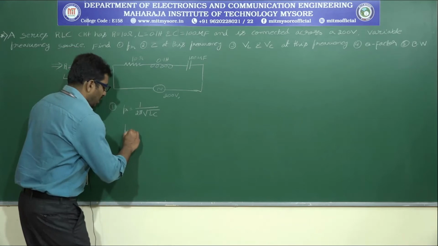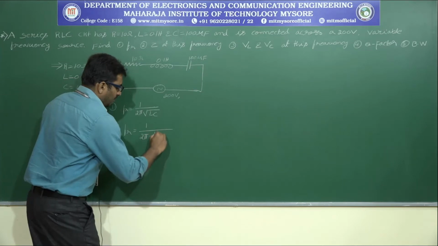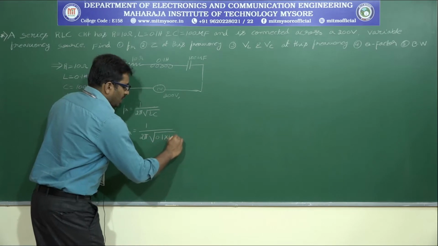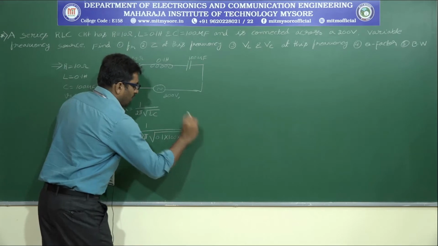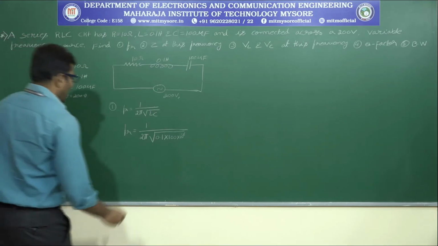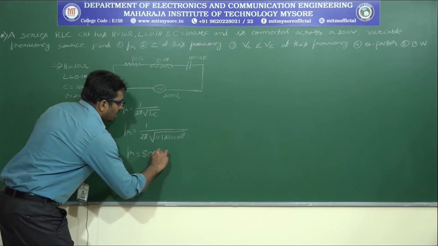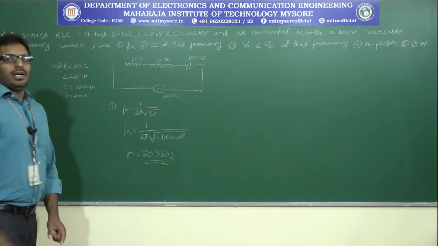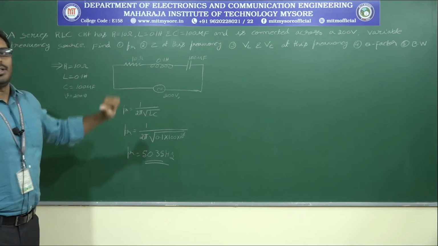Therefore, FR is equal to 1 divided by 2 pi into the square root of 0.1 Henry into 100 microfarad, that is 10 power minus 6 farad. Just use your calculator and you will get FR equal to 50.35 hertz. This is the resonant frequency for the given RLC circuit.